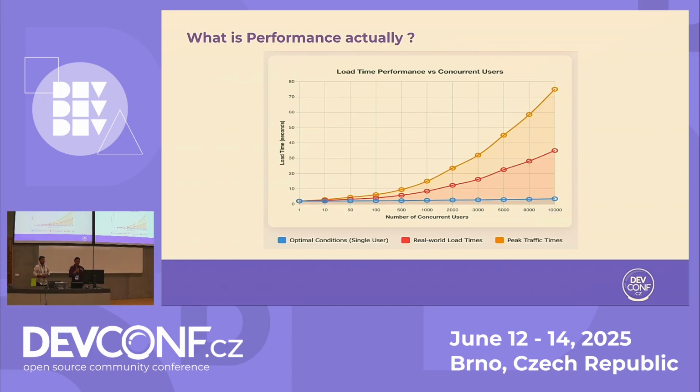Let's look at the next scenario. Here you have 1 server serving a lot of users, which is the real-world scenario. As the traffic on a website increases, the load times grow larger, and at peak traffic times it takes a lot of load time for most websites.